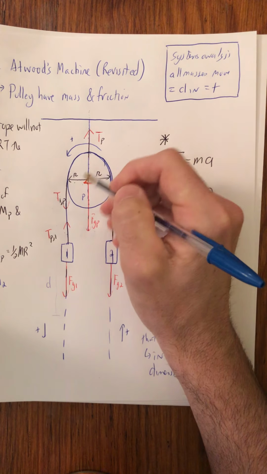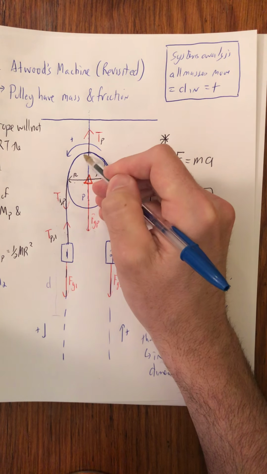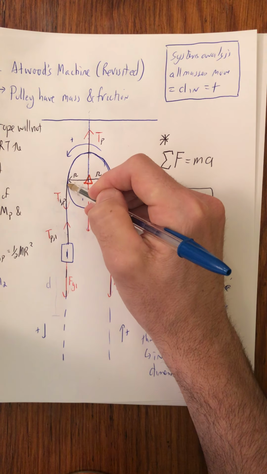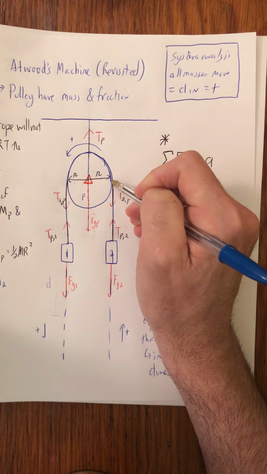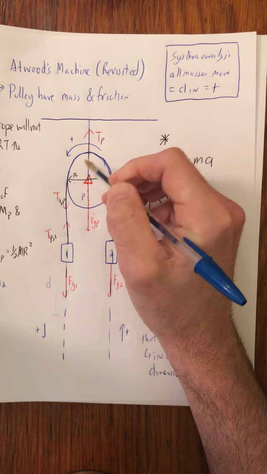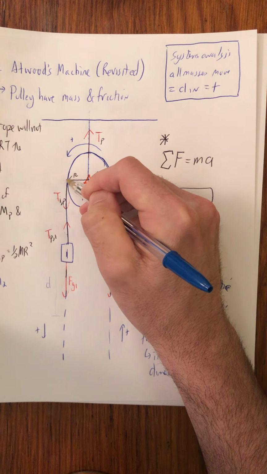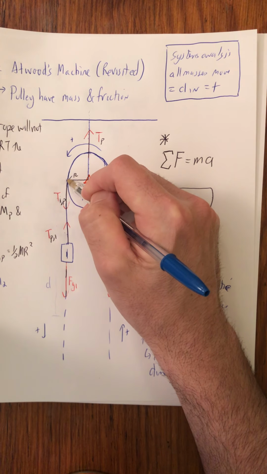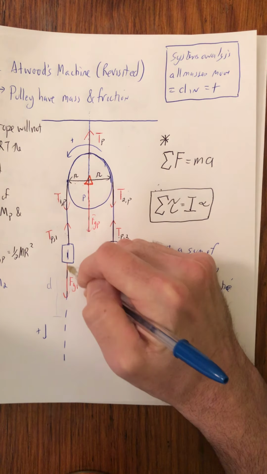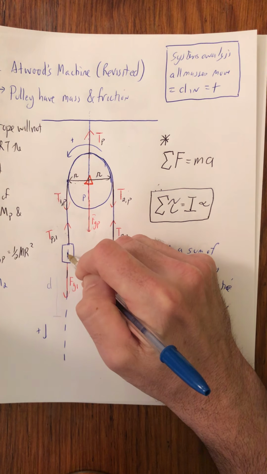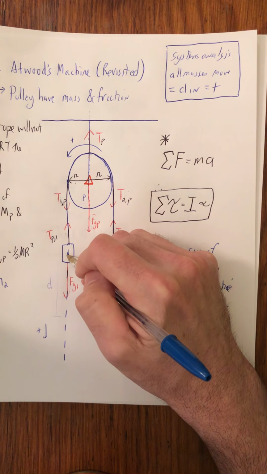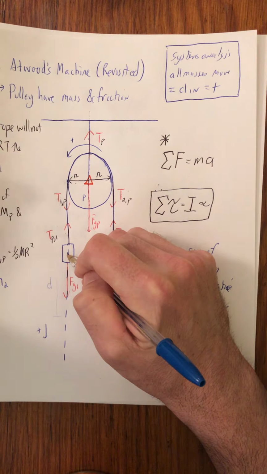Well, where's that coming from? Well, the rope here has to also move through a distance of d, which means this rope here also moves up a distance d. So the tangential speed and tangential acceleration of this point on the rigid rotating object has got to be equal to the tangential acceleration, or the linear acceleration, of this one.